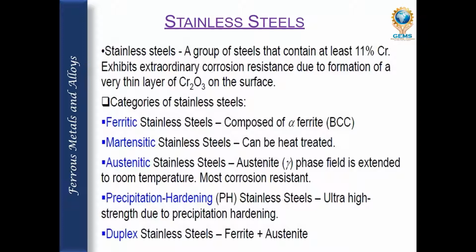The resulting iron oxide surface layer is porous and fragile. In addition, iron oxide occupies a larger volume than the original steel.